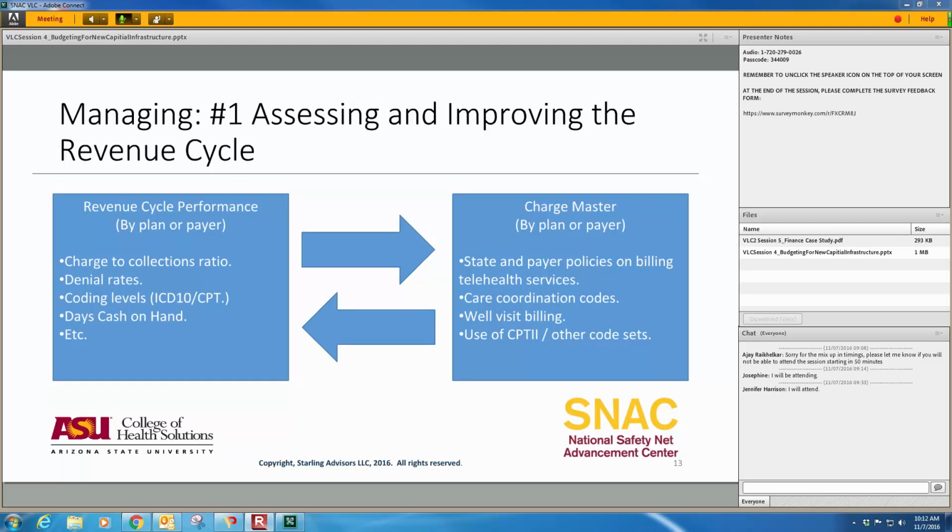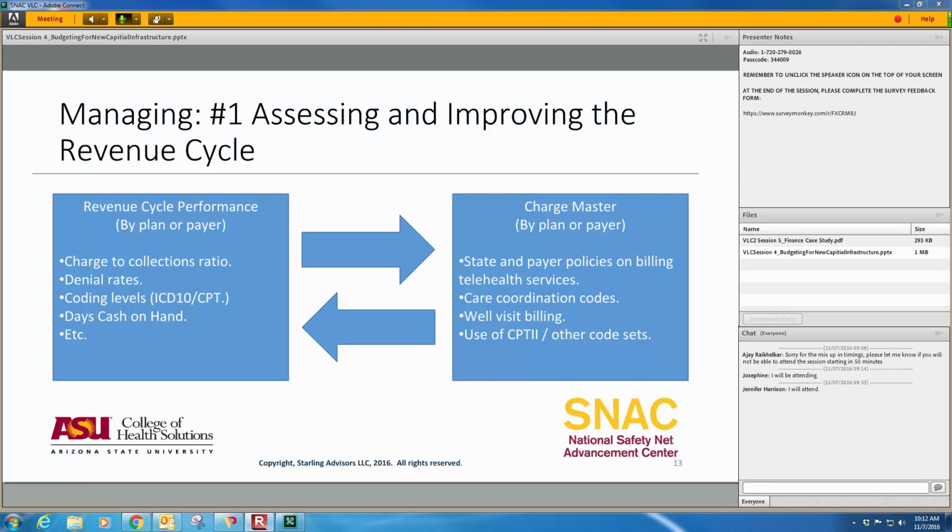So I'm just going to briefly talk about a couple of things that we've recommended that groups typically do. On the actual revenue cycle performance side, it's really important to get an understanding of how well you're turning charges into cash across a variety of different payers.